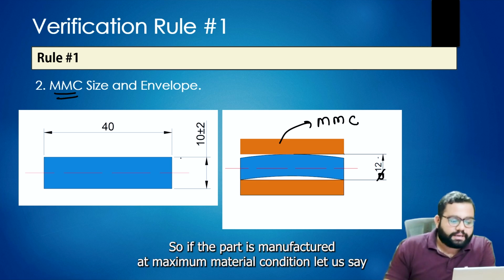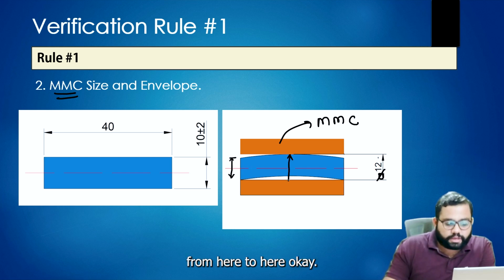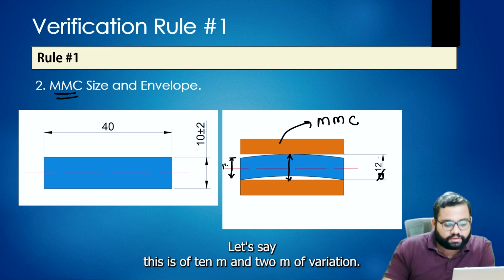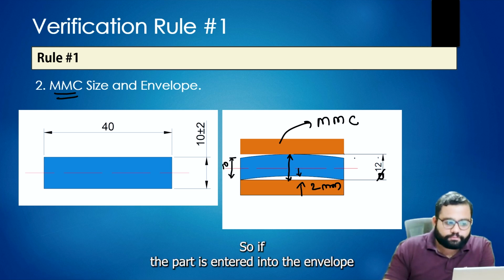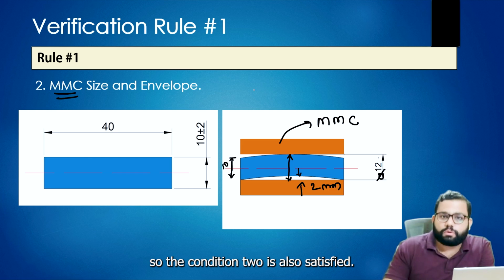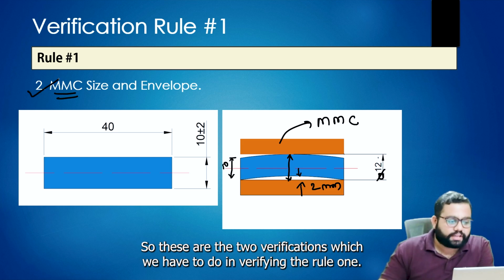If the part is manufactured at maximum material condition, let's say 10 mm with 2 mm of variation, so maximum 12, and the part enters into the envelope, then condition 2 is also satisfied. It means this obeys rule 1. These are the two verifications we have to do in verifying rule 1.